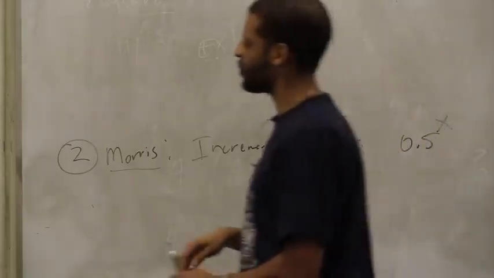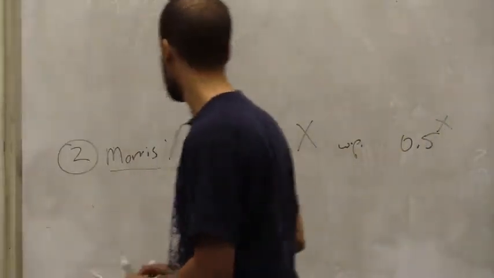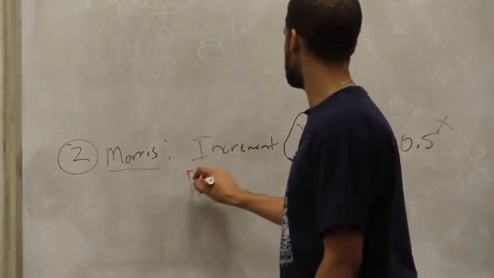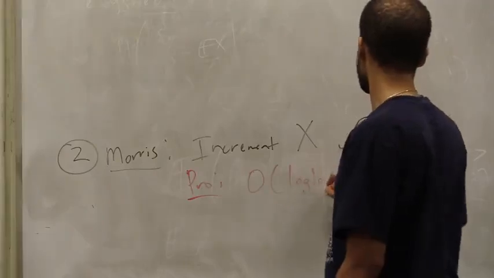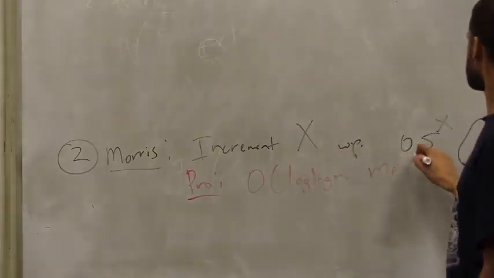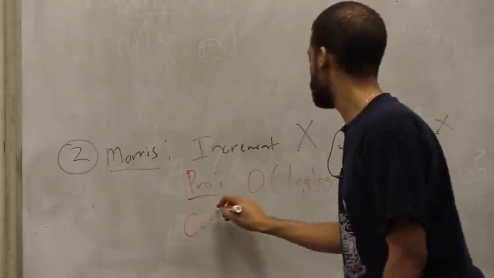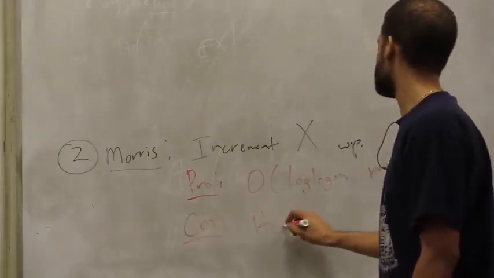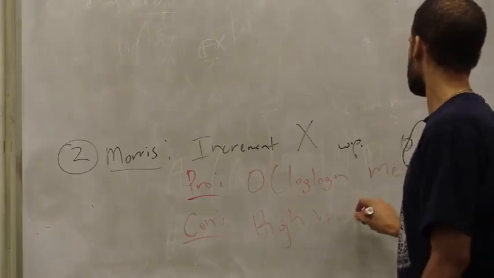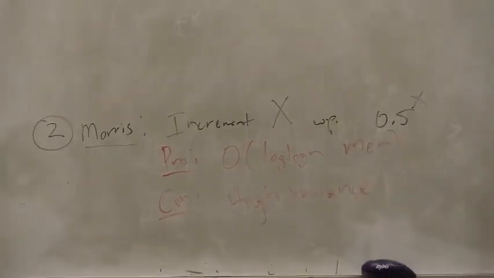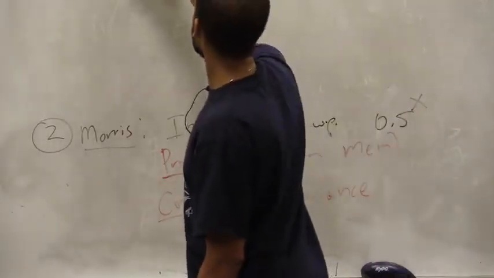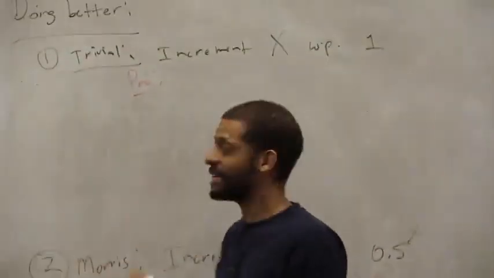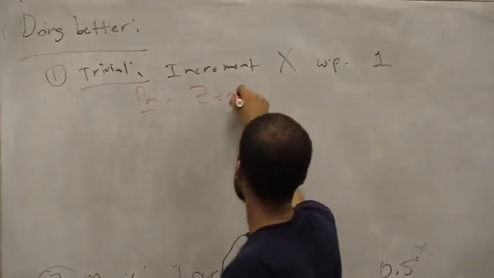What are the pros and cons of these approaches? For Morris's approach, the pro is that you only need log log n memory. The con is that you have high variance. Meanwhile, for the trivial approach, the pro is that you have low variance; in fact, you have 0 variance.